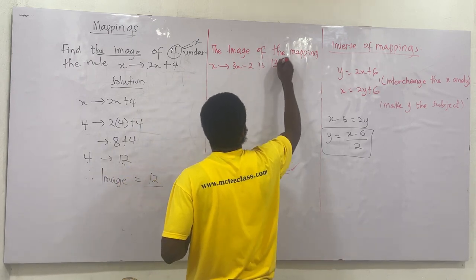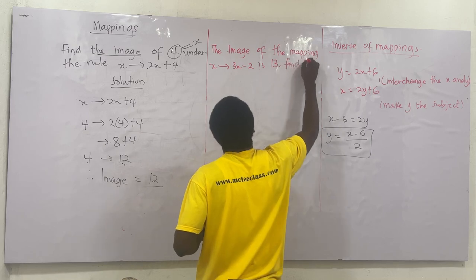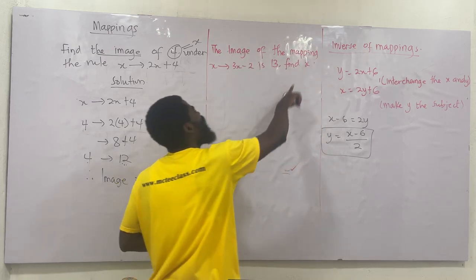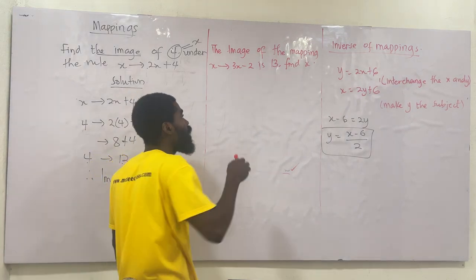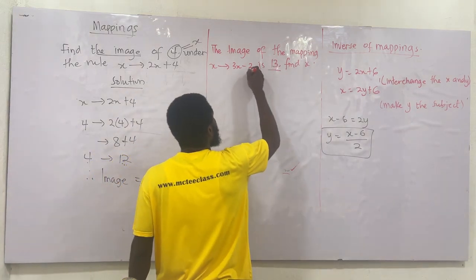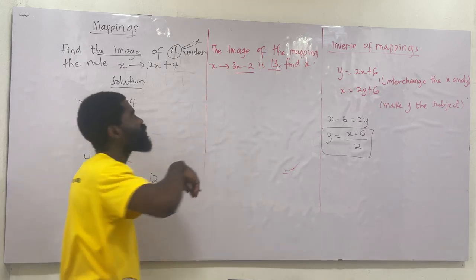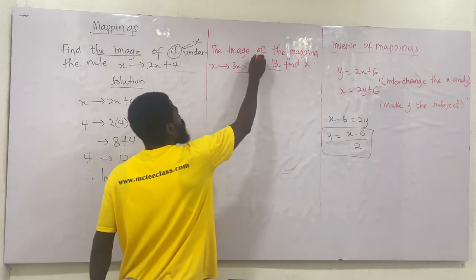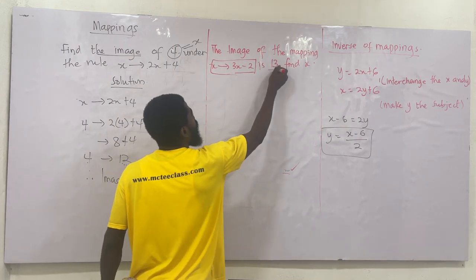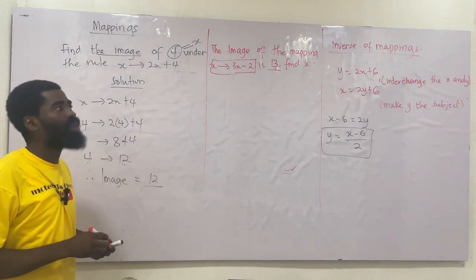Let us put 13. The question will tell you find x. You finding x, which is the domain value, means that the question should have given you the codomain, which is the y value, and the rule. So they'll give you the rule and the y value. That's why they want you to go and find x.